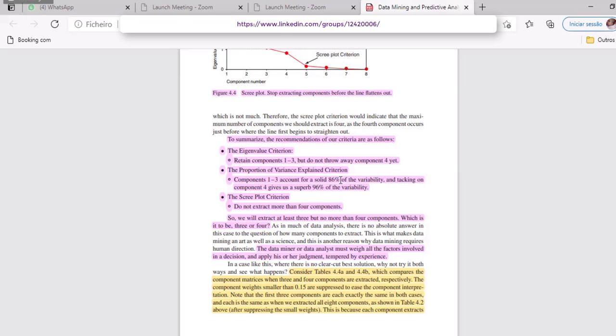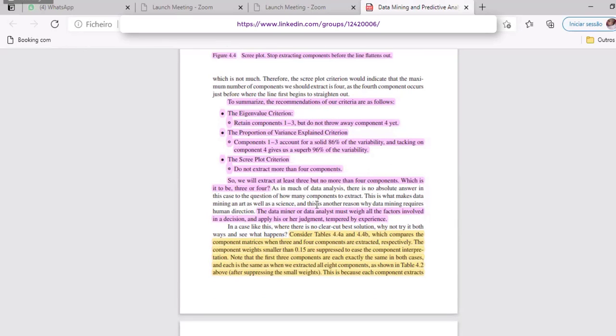If you want to settle for 86%, you'll get 3 components. If you want to reach 96% of variability, you should include component number 4. And the scree plot tells you that you should not choose more than 4 components. So we are still in doubt about what to choose. Which is best, 3 or 4?